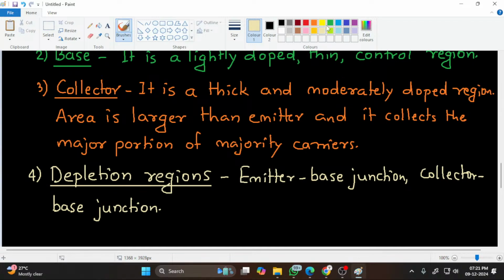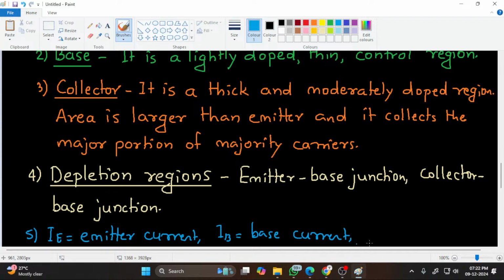Then the currents that are flowing: IE is emitter current, IB is base current, and IC is collector current.